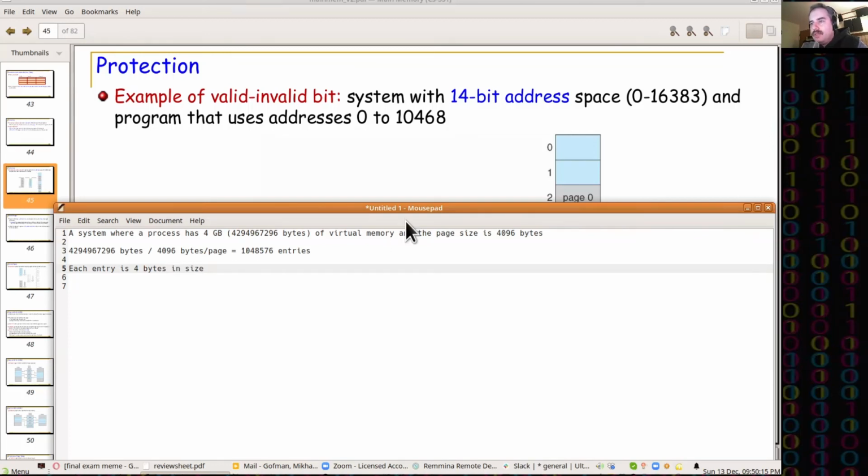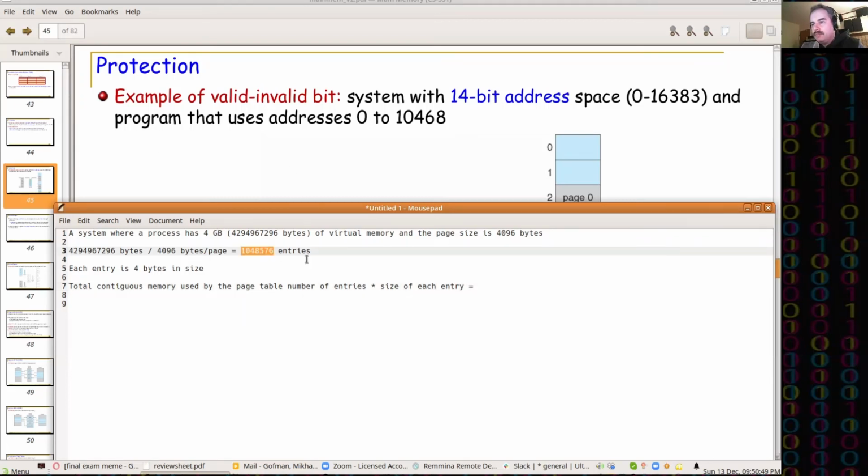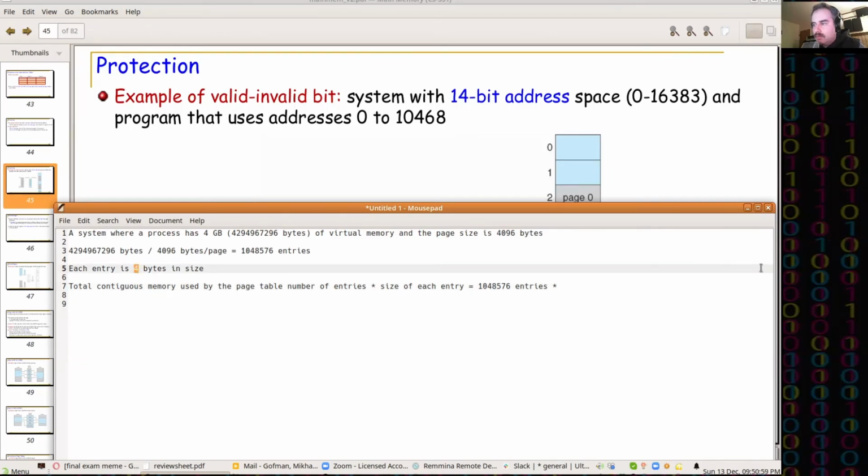So if this is how many entries we have and each entry is 4 bytes, then the total contiguous memory used by the page table is the number of entries times the size of each entry, which is this times 4 bytes per entry.